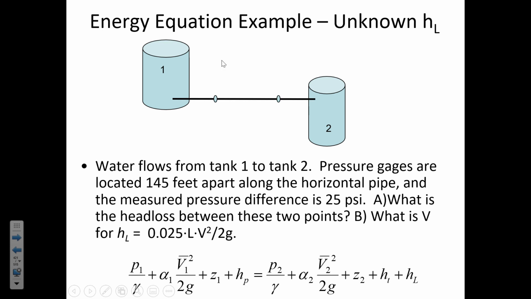All right, so let's consider a similar example. Now here, we have water going between two tanks, but we don't know the elevation of the water in the tank. That information isn't available.